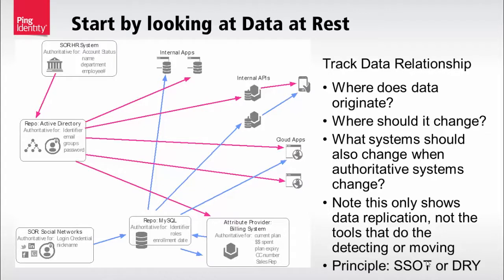Okay, so we're still talking at such a high level, right? So let's look at a concrete example of what we're talking about when we're talking about all this data. So what I've got here is an example of essentially requirements, okay, for a system. I have two things here labeled SOR, right? So SOR is system of record. And I have pink arrows and I have blue arrows, okay?